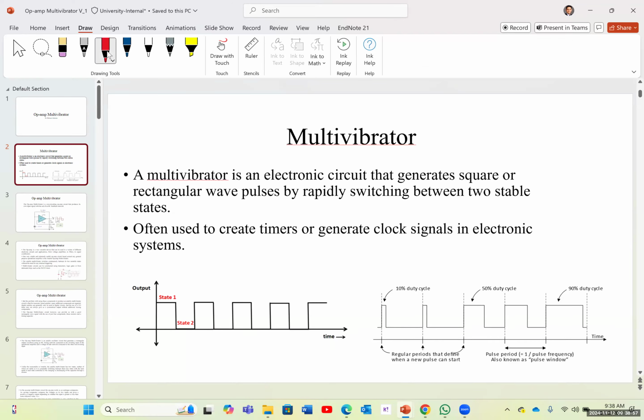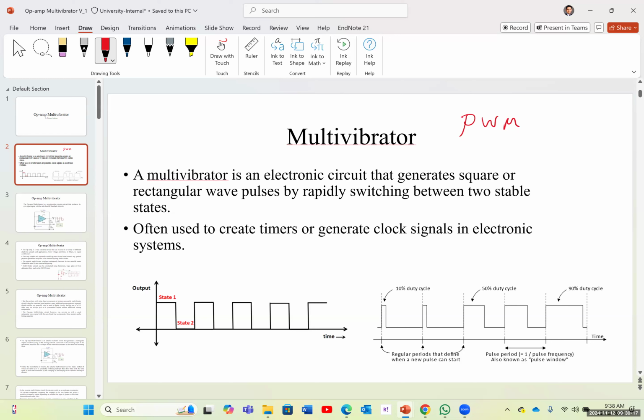You're going to hear a lot about PWM, or pulse width modulation. It has a lot of applications in electrical and electronics, power electronics, and communication systems as well.